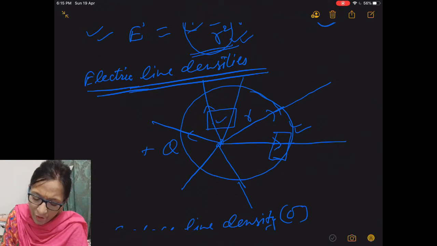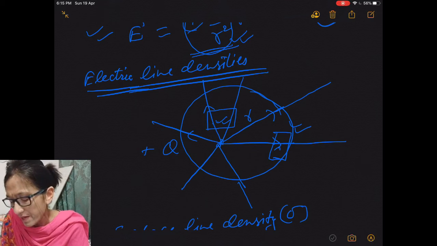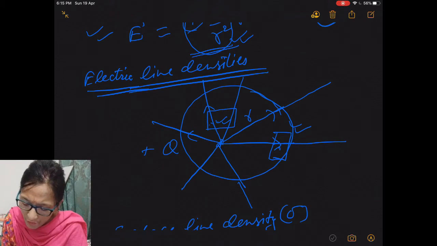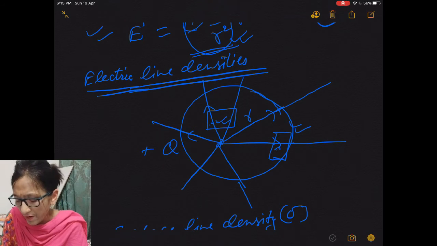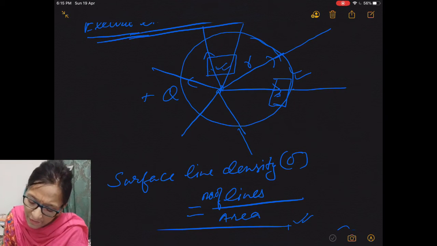So obviously the electric field line density will be more here, and less here. So you can find that electric field is strong over here, and electric field is weak at this very place.